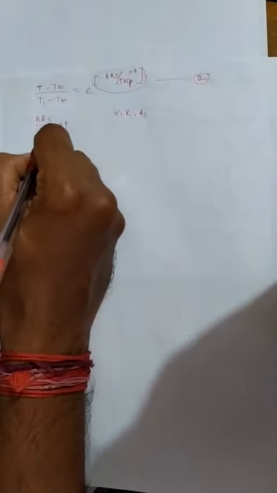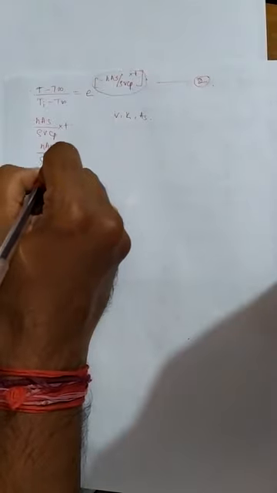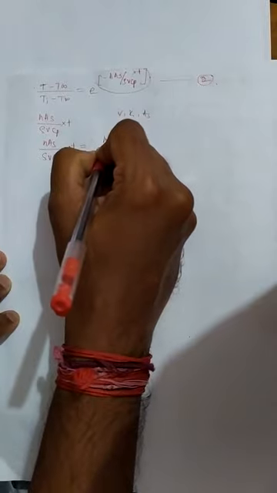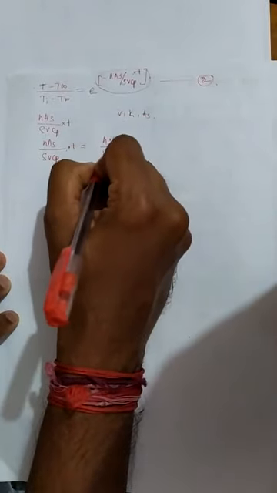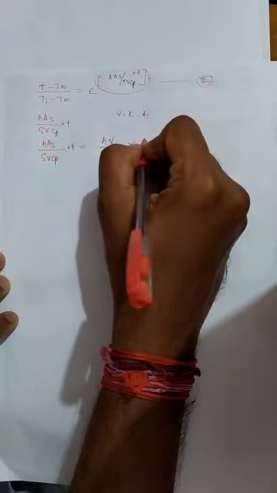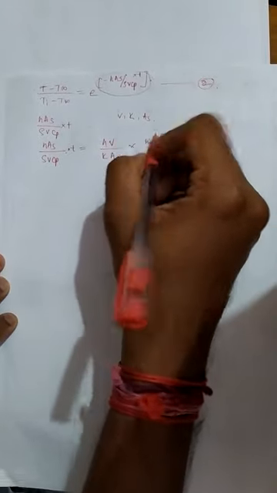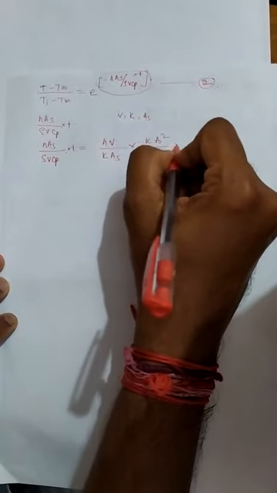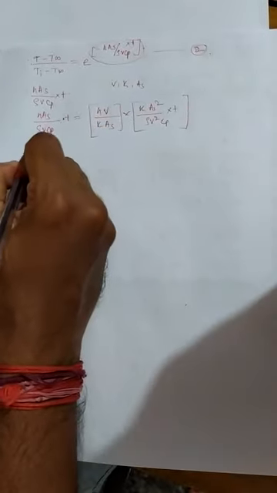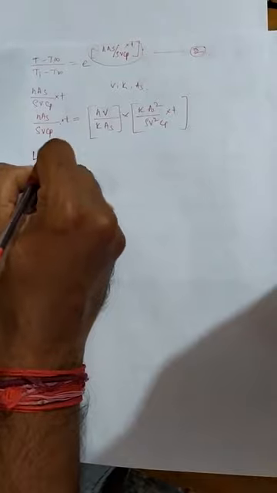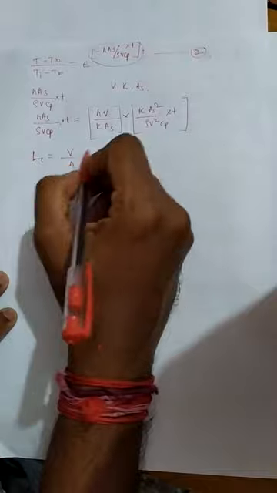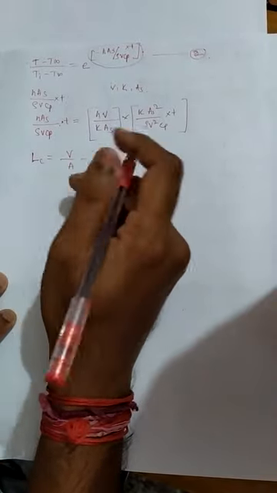So h As divided by rho V Cp into t is equal to h V divided by k As into k t divided by rho Cp V squared. We know that the characteristic length Lc is the volume V divided by the area A.